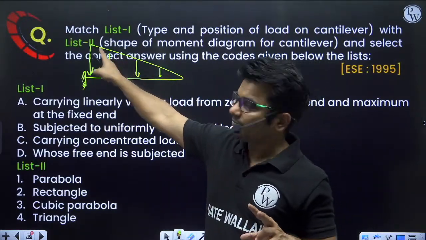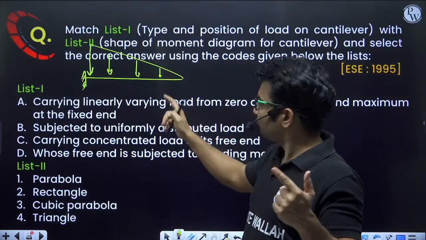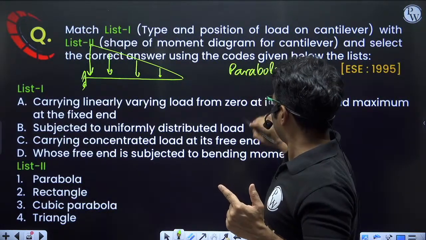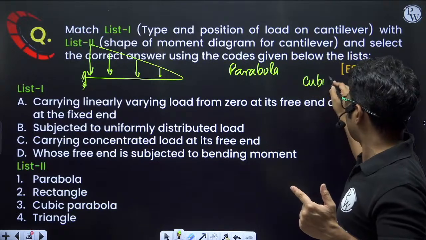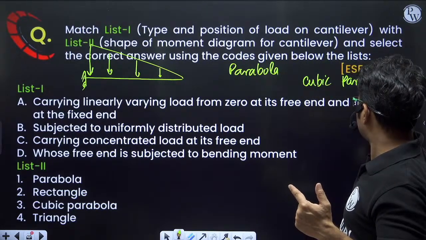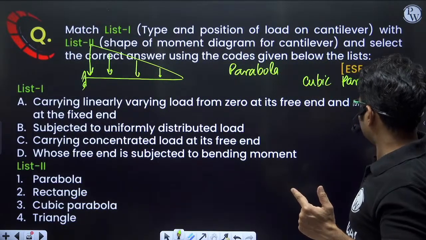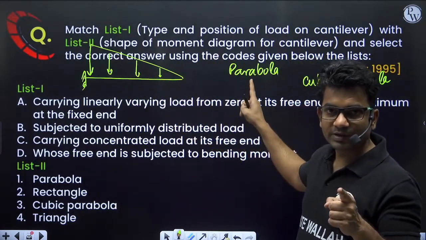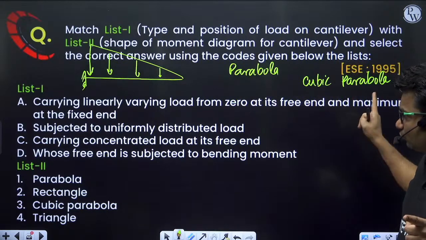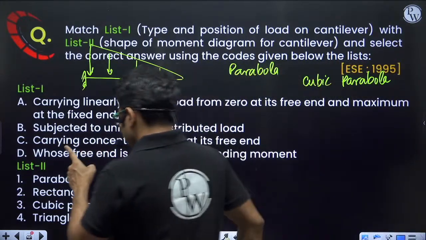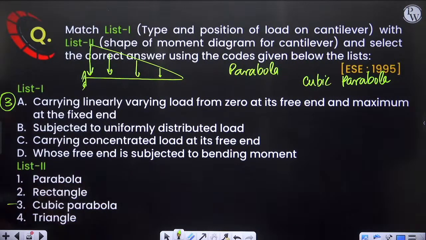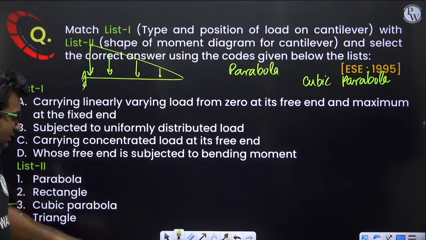So the loading diagram is linear in this case, the shear force diagram will be a parabola, and the bending moment diagram will be a cubic parabola. So A will be having 3. Next, subjected to uniformly distributed load.